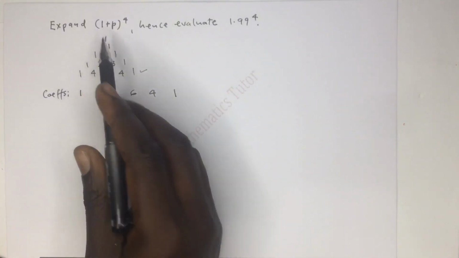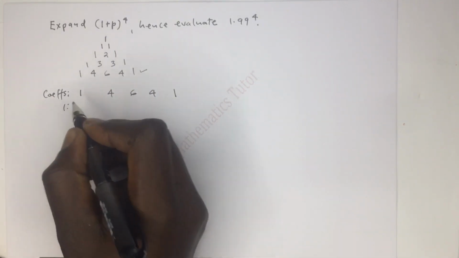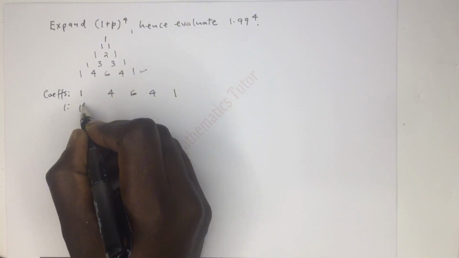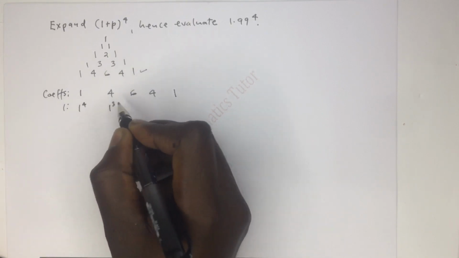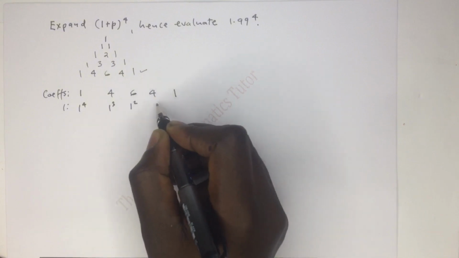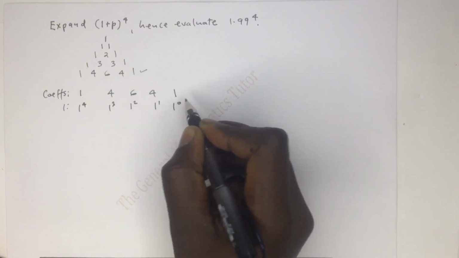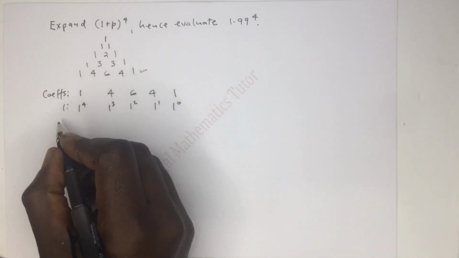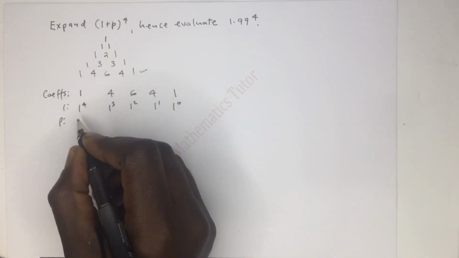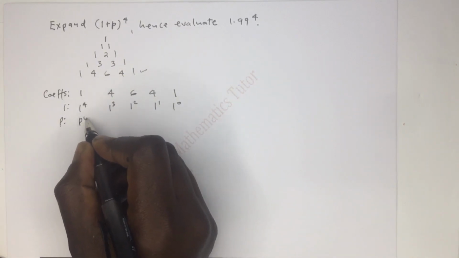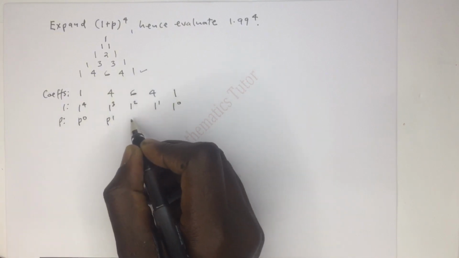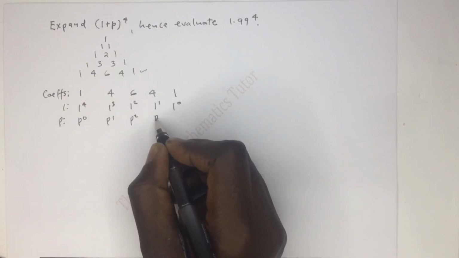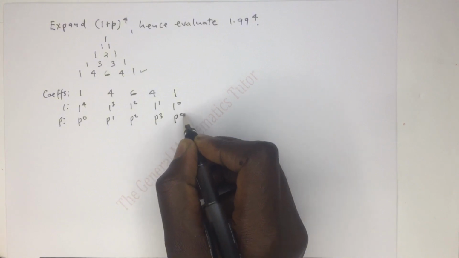Then you observe the powers of 1, that is 1 power 4, 1 power 3, 1 power 2, 1 power 1, and 1 power 0. Then you also observe the powers of p. In this case, p will increase from 0. So we have p power 0, p power 1, p power 2, p power 3, and p power 4.